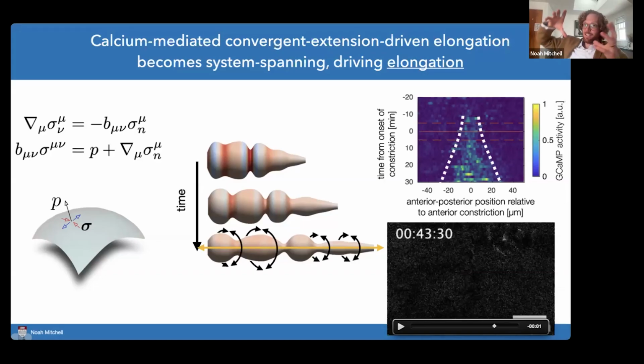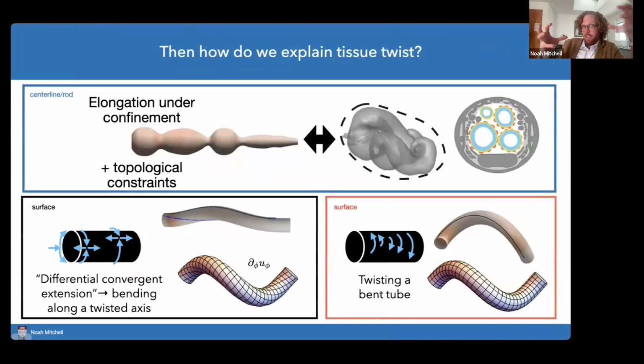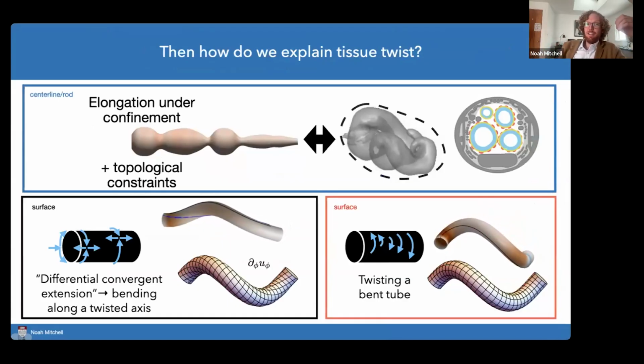It means that this convergent extension is not just driving these constrictions, but at late times is just elongating the tube, right? So if you have an elongating tube that's stuck inside this very confined body cavity, then maybe this could amplify these initial asymmetries, and the twisting could fall out as a passive consequence of that.